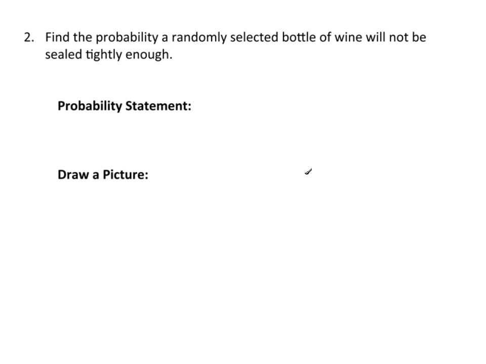So here's another example. Let's find the probability a randomly selected bottle of wine will not be sealed tight enough. Well, if you recall, less than 240 newtons was not tight enough. So this is really saying what's the probability that force is less than or equal to 240. And again, that's a matter of preference. It doesn't really matter if you put it in or not. So once again, I'll draw a picture.